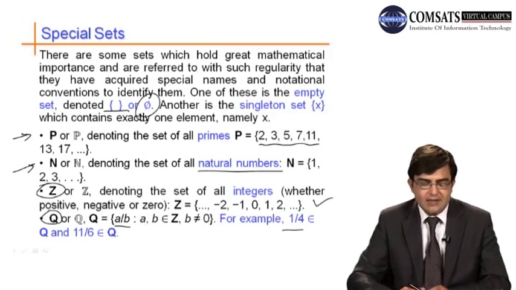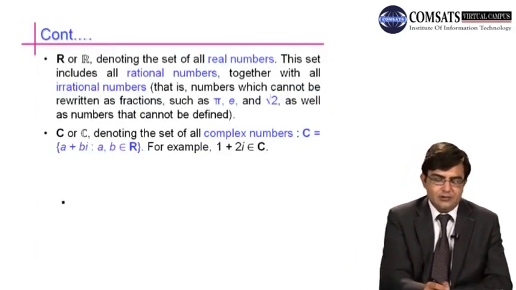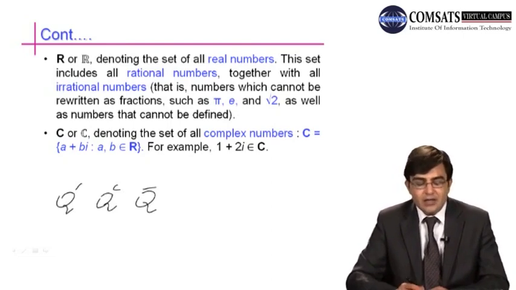So these are famous sets, and they have special notations. There are some other sets. For example, the set of irrational numbers is usually denoted by Q dash or Q complement or Q bar. These notations are reserved for the set of irrational numbers.